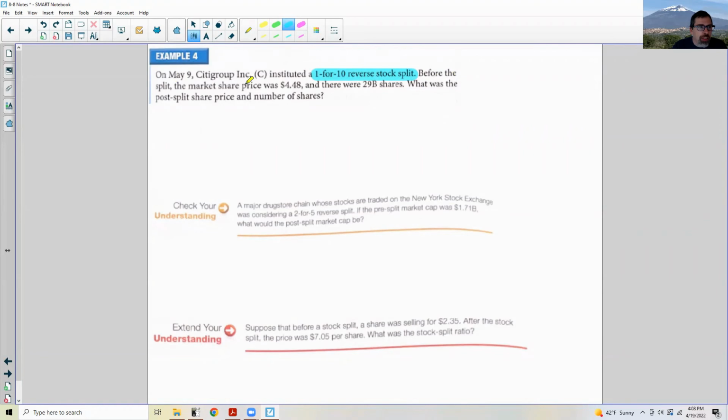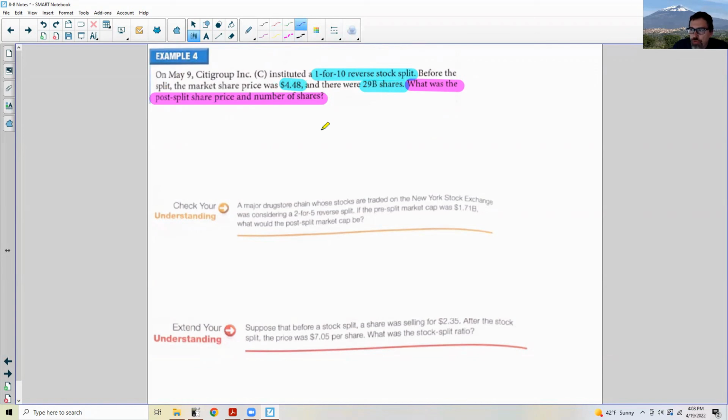So before the split, the market share price was $4.48, and there were 29 billion shares. What was the post-split share price and number of shares? Okay, so that's what they're asking. So let me just start off with this here.